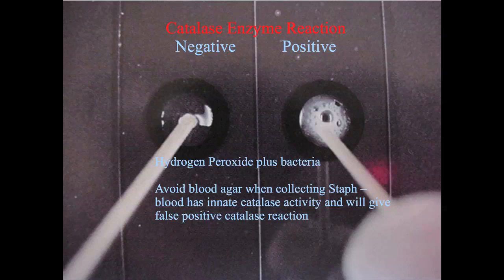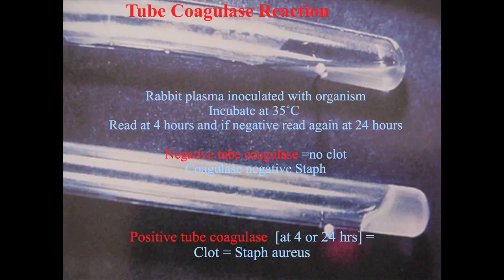If you go to the next slide, you can see the tube coagulase reaction. This is also a very simple old-style test, but it is very important in the history and the identification of Staphylococcus. This test is done by putting a small amount of rabbit plasma in a test tube and inoculating it with your suspect organism. You read it at both 4 hours and 24 hours after incubation at 35 degrees centigrade.